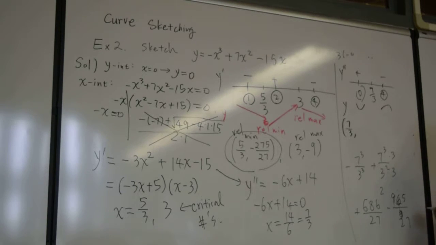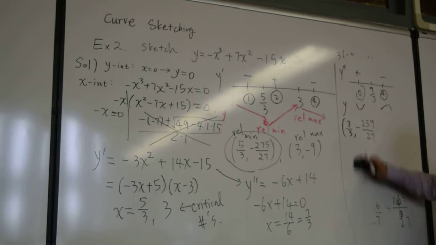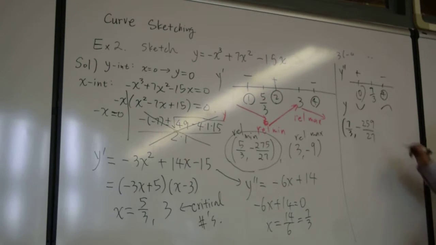So you're going to get 945 minus 686. What's that? 259. So it'll be negative 259 over 27. Sorry about that, I should have worked that out too. So that's your inflection point.